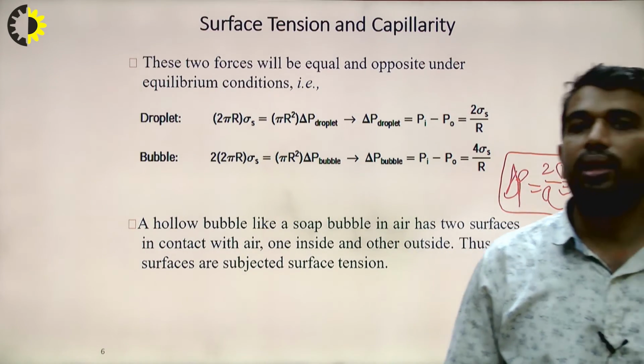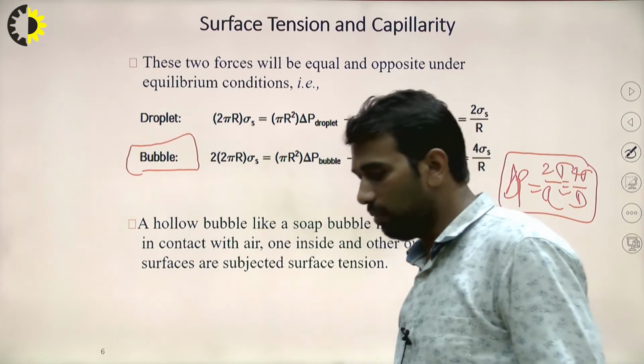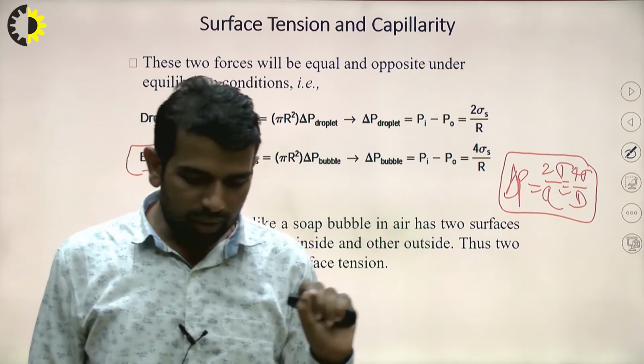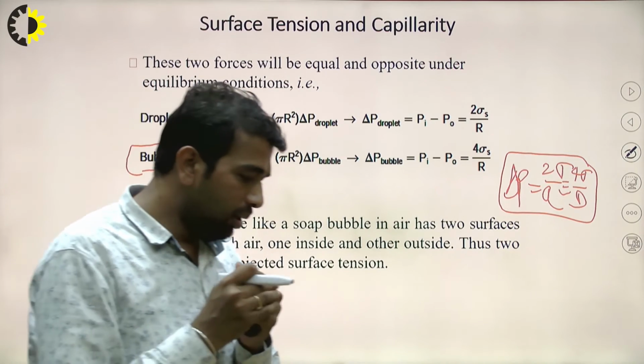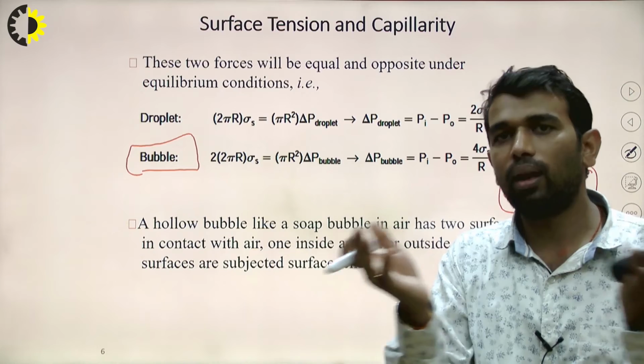Similarly, we can take this case for bubbles. The difference between a bubble and a droplet is that in a droplet only one surface is exposed to the air, but in a bubble you have two different surfaces. Inside is also air, and outside is also air.